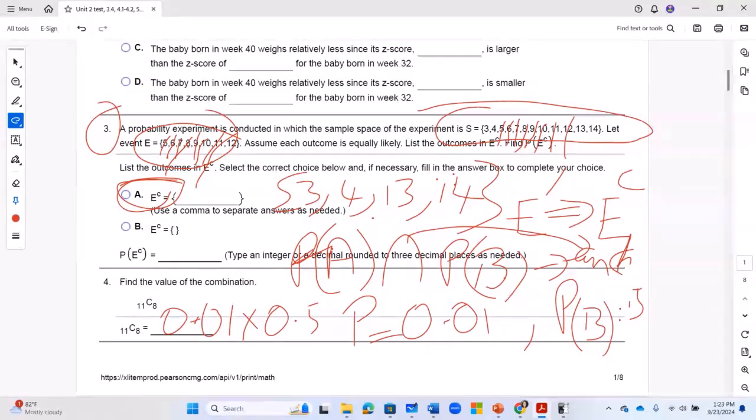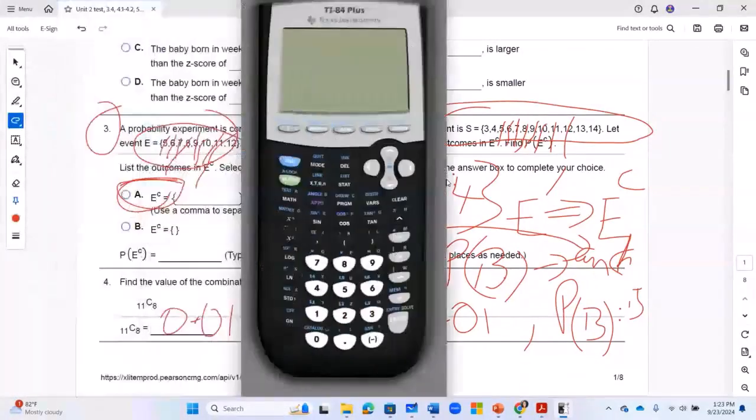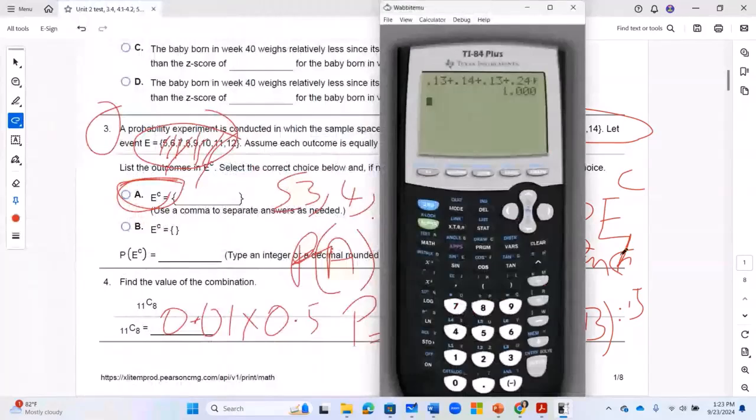We can still use the calculator because you want to make sure that your decimal points are good. For the benefit of the doubt, I'm using my calculator so that you cannot misplace your decimal point. Whenever you're doing multiplication, if you get any answer greater than 1, it's a mathematical fallacy. Not allowed to have any answer greater than 1. You're not allowed to have an answer less than 0.